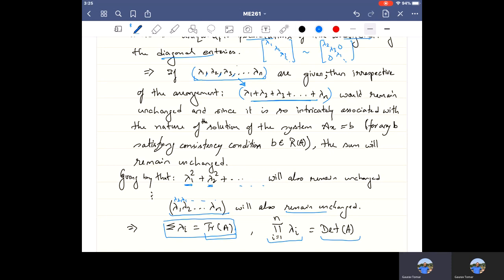So these are the invariants. The trace of A and the determinant of A do not change under change of basis, or in other words, when you're performing similarity transformations. Suppose you're mapping V to U and you have defined a mapping A which takes V to U. In that case, you can take a vector V and represent it using any basis, right?